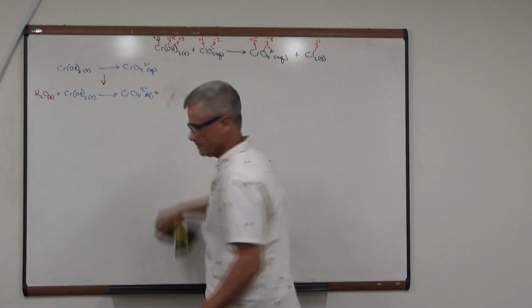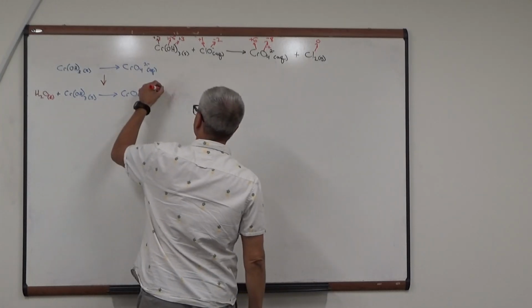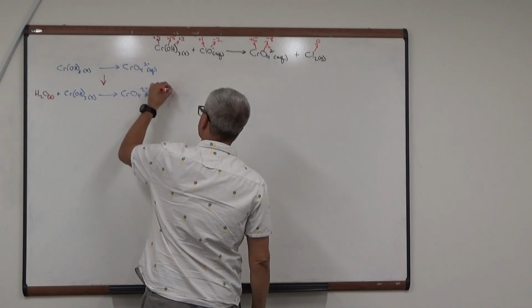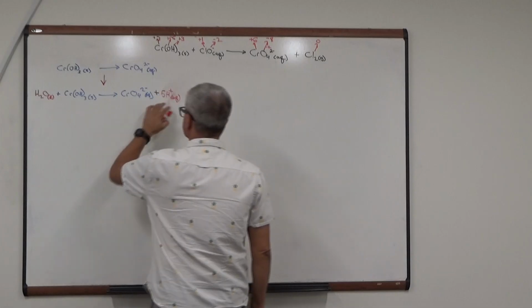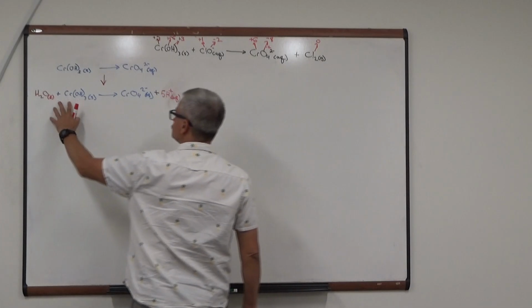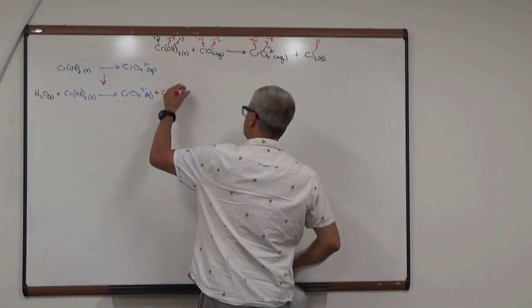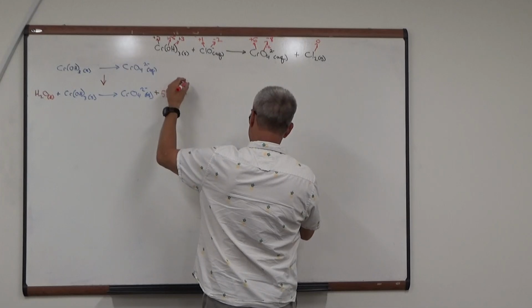Sorry, I'm tired here. Because we have 5 H's on this side, so plus 5 H plus. Okay, now let's look at our charges. Our charge over here is +3. It's neutral over there. Okay, so we need to add 3 electrons. Okay.